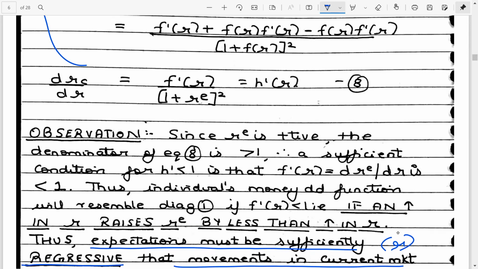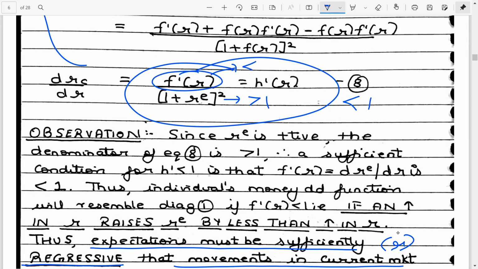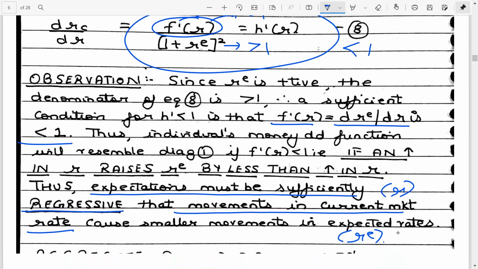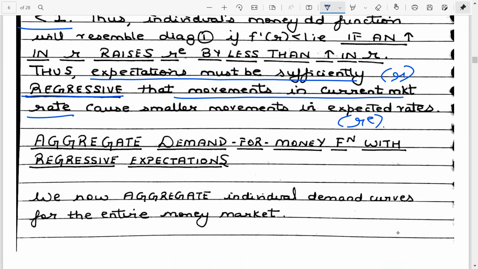That means the denominator is greater than 1. So for the whole term to be less than 1, my numerator should be less than 1. And f dash r is nothing but dre by dr, which is less than 1. That means when r goes up, re goes up, but by less than the increase in r. Okay, so this is where we intend to stop.